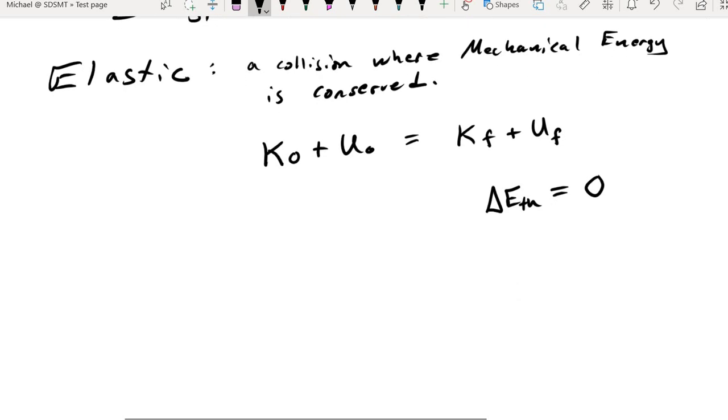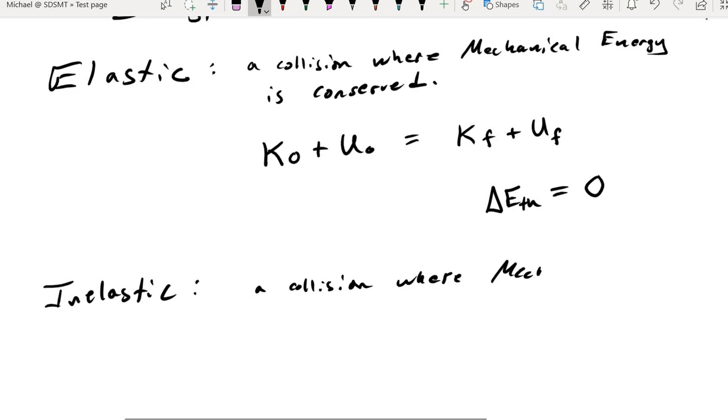And so that brings us to the second type of collision, which is an inelastic collision. And this pretty much follows the same verbiage as the elastic collision, except that this is one where the mechanical energy is not conserved.